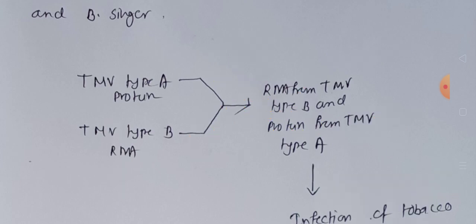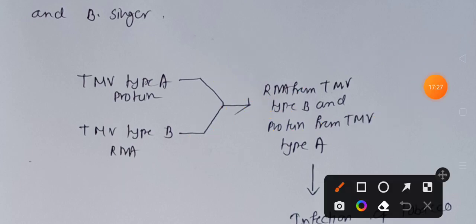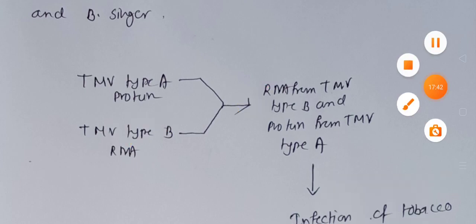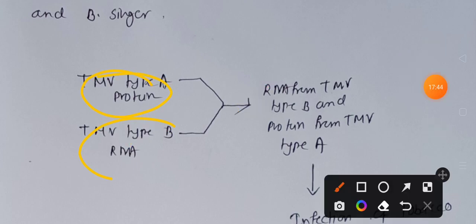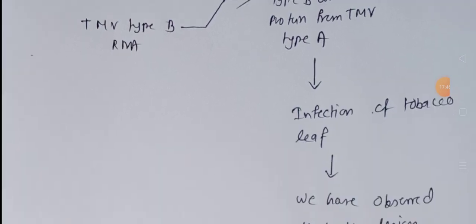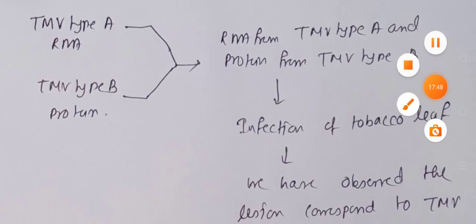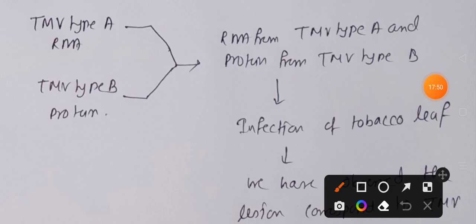So they isolated both RNA and protein from both strains. And they created a hybrid virus by taking the type A protein and type B RNA, and also they created another hybrid virus by taking the type A RNA and type B protein.